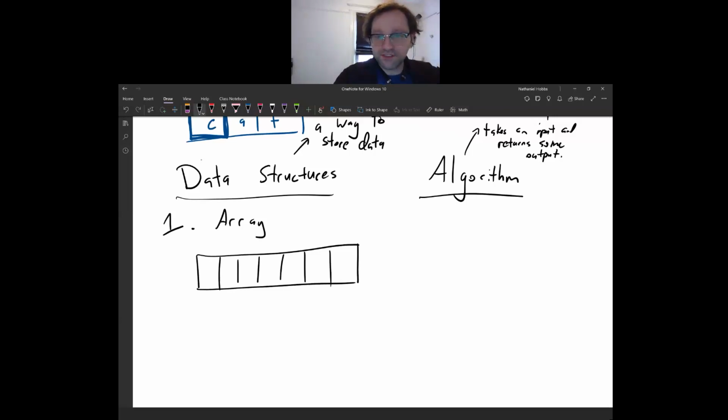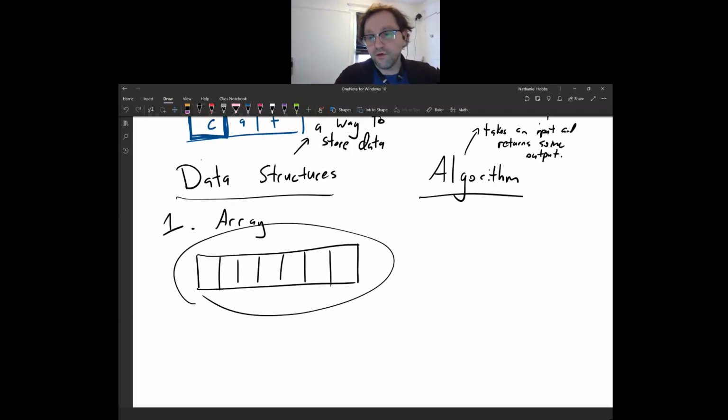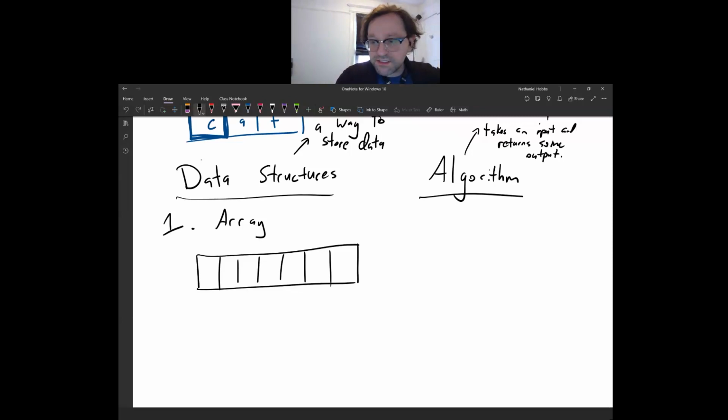So this thing that I've drawn here, I'll refer to that as an array. And inside of the array is a certain number of cells, and this is the length of the array. So here, the length of this array is 1, 2, 3, 4, 5, 6, 7. Okay, that's the length.